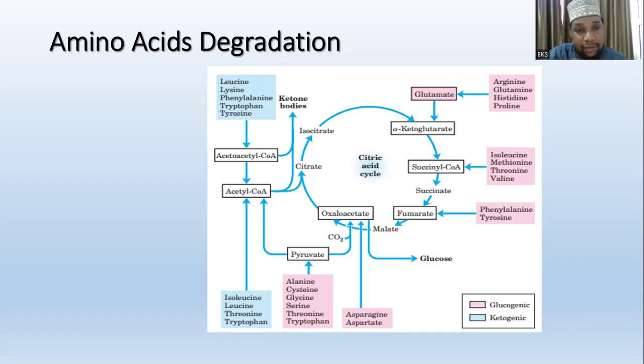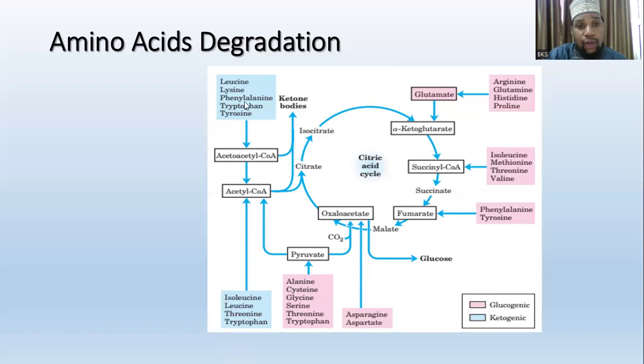That is the reason you will see an amino acid appearing in several places. For example, I can see tryptophan in 3 different places. Tryptophan can be broken down to form acetyl-CoA, and it can also be seen in the production of pyruvate. So the breakdown of tryptophan can give pyruvate as well as acetyl-CoA.